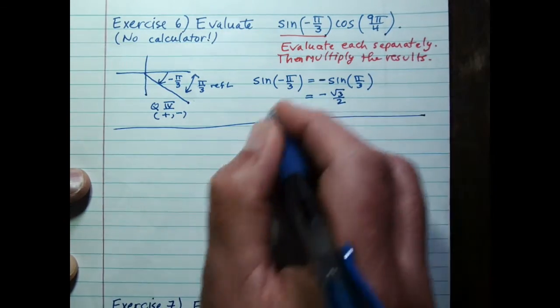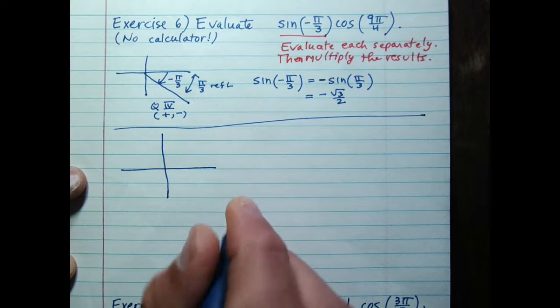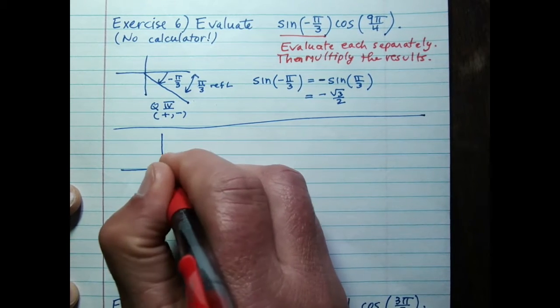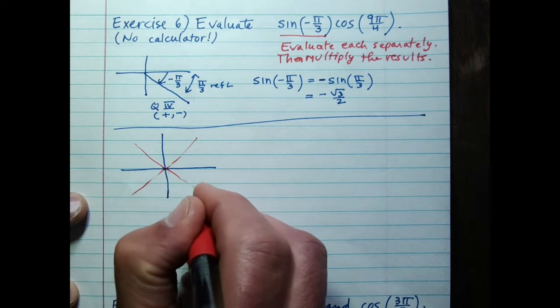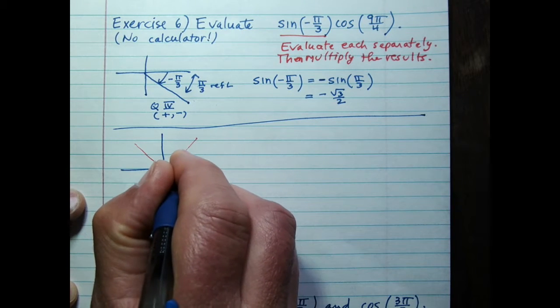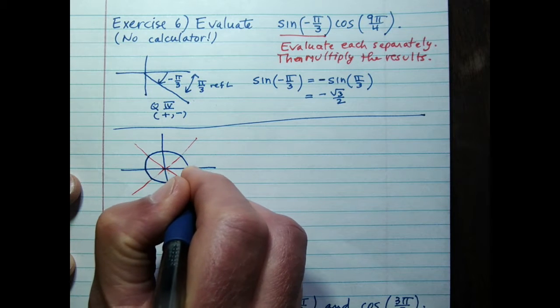Now let's think about 9 pi over 4. So multiples of pi over 4 are like multiples of 45 degrees. So 9 pi over 4, I can just go 1, 2, 3, 4, 5, 6, 7, 8.